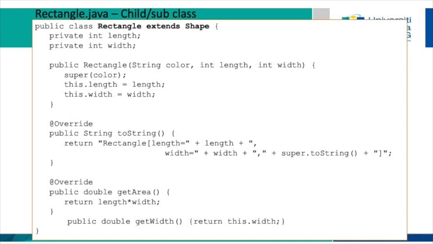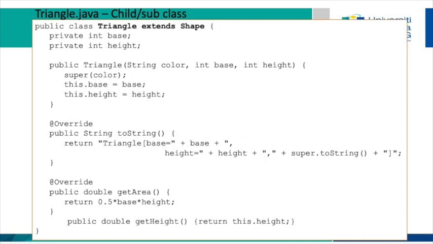It will return the specific area for a rectangle, so the superclass will get the value if it's trying to retrieve the area of a rectangle.